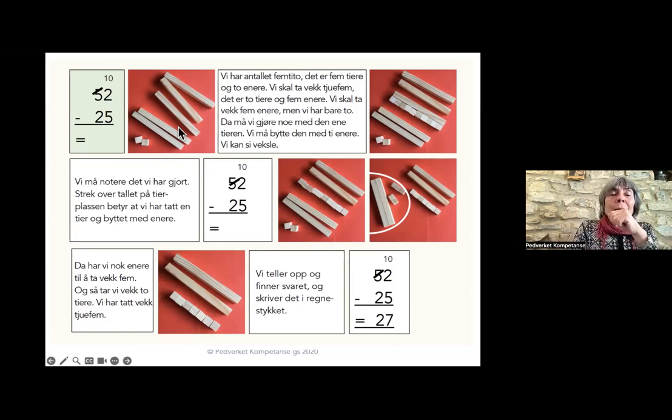So with the subtraction, we are going to take out 25 here, but we don't have 5 ones, so we can't do it.